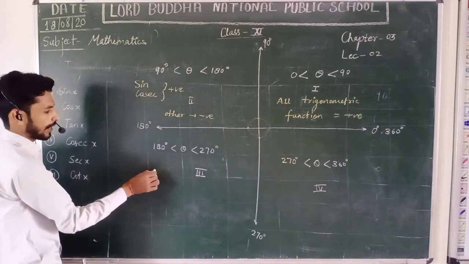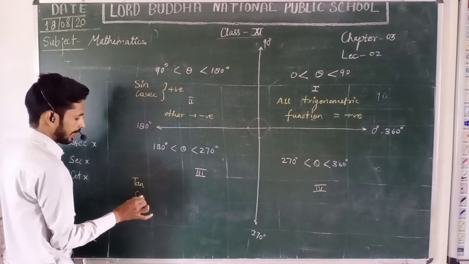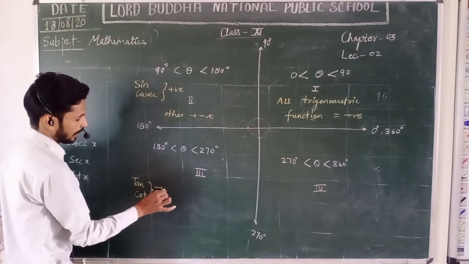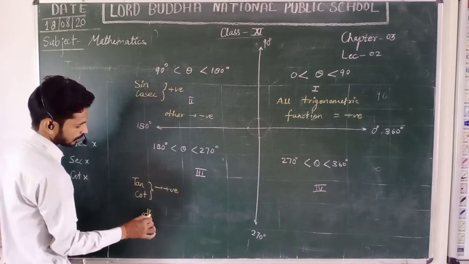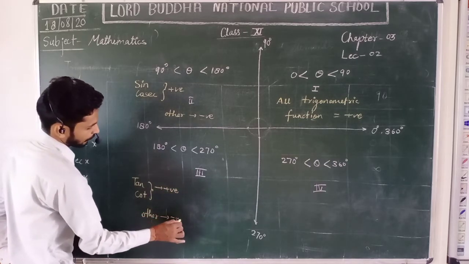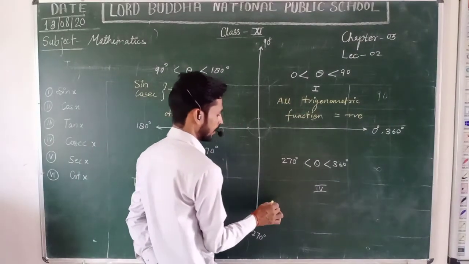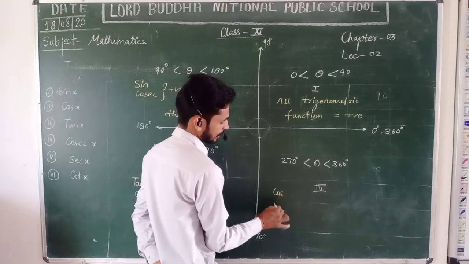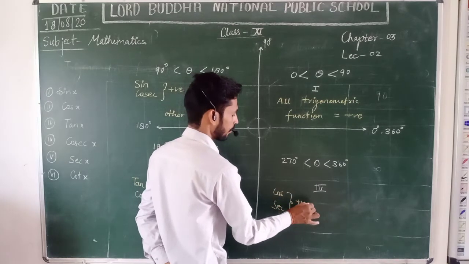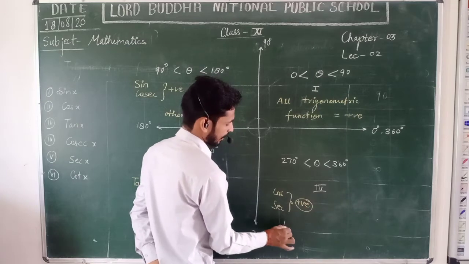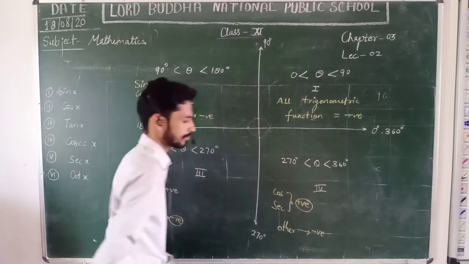But in the third quadrant, tan and cot will be positive, others negative. Last, in the fourth quadrant, cos and sec will be positive and others will be negative.